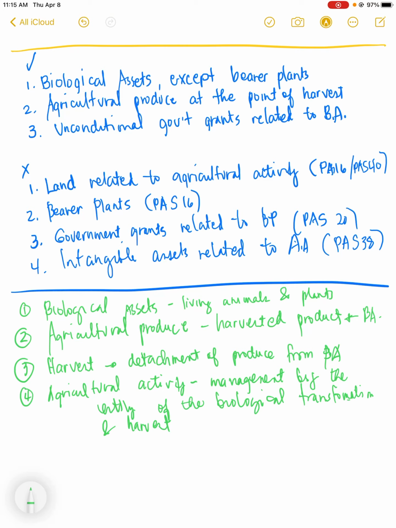So, ano yung mga samples ng agricultural activity natin? O halimbawa, nag-aalaga tayo ng baboy, or nagko-cultivate tayo ng mga plantations, mga fish farming. So, those are examples of agricultural activity. You're literally managing the biological transformation, as well as the harvest of the biological assets and agricultural produce.